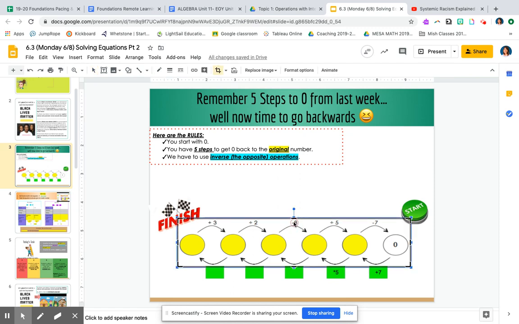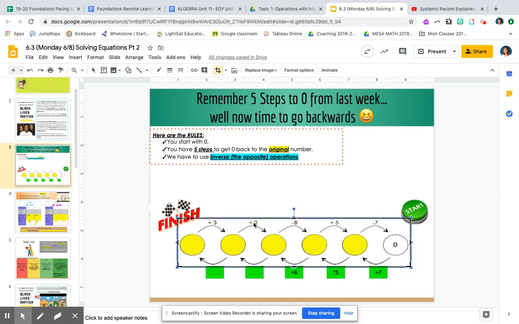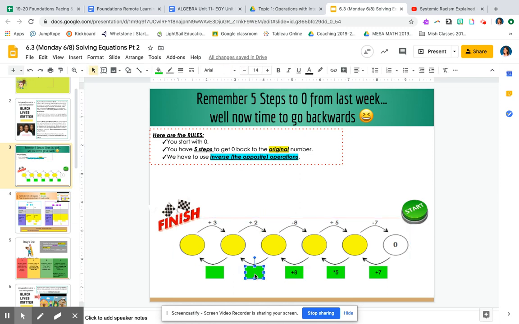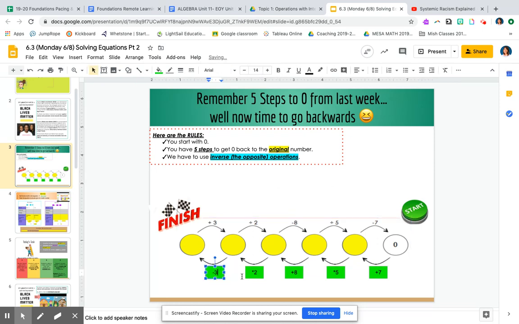Here we have an operation of -8. What is the opposite? +8. Again, divide 2. So the opposite is times 2. And here we have +3. And the opposite of plus is -3.